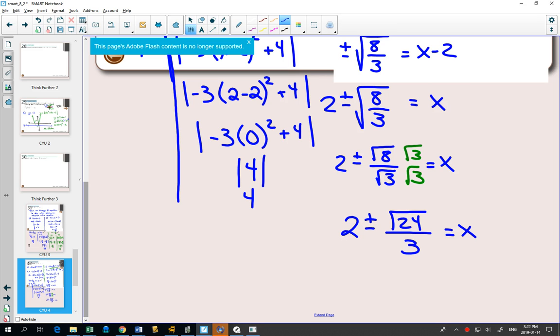And this still wouldn't be our final answer. How come? It doesn't cancel out, but square root of 3 times square root of 3 is square root of 9, which is just 3, as long as we don't have a square root. And the square root of 24 can be simplified, right? We always write it as a mixed radical for simplification. Because 24 is 4 times 6, that's 2 root 6.